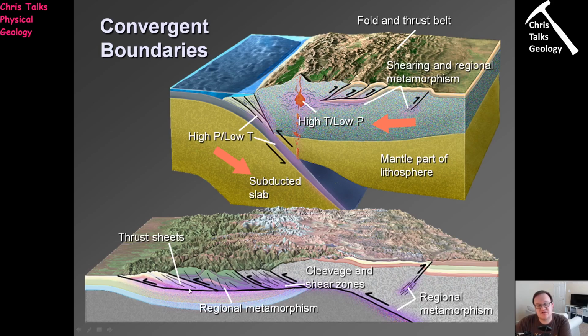What we'll also see is that in the lower portions of the mountain range, because remember, a mountain range is a very thick thing, we are going to see increased temperatures, increased pressures, combined with a convergent tectonic setting, so once again the rocks are going to be squished, which is going to lead to extensive folding. So these convergent boundaries are going to be very commonly associated with reverse and thrust faults and lots of folding.